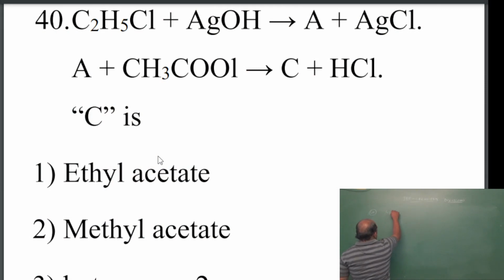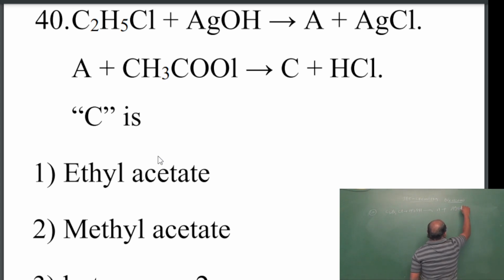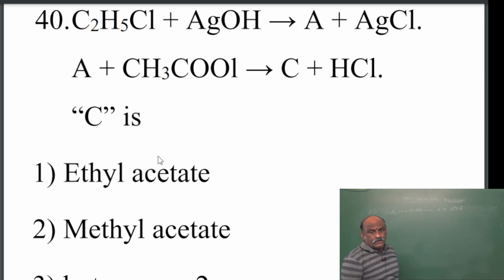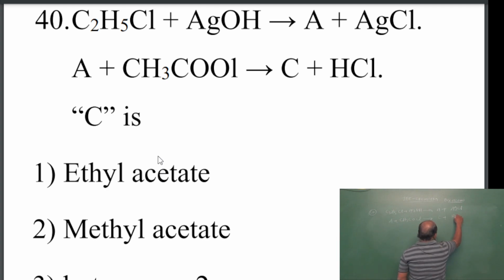C2H5Cl plus AgOH gives rise to A plus AgCl. A plus CH3COCl gives rise to C plus HCl.